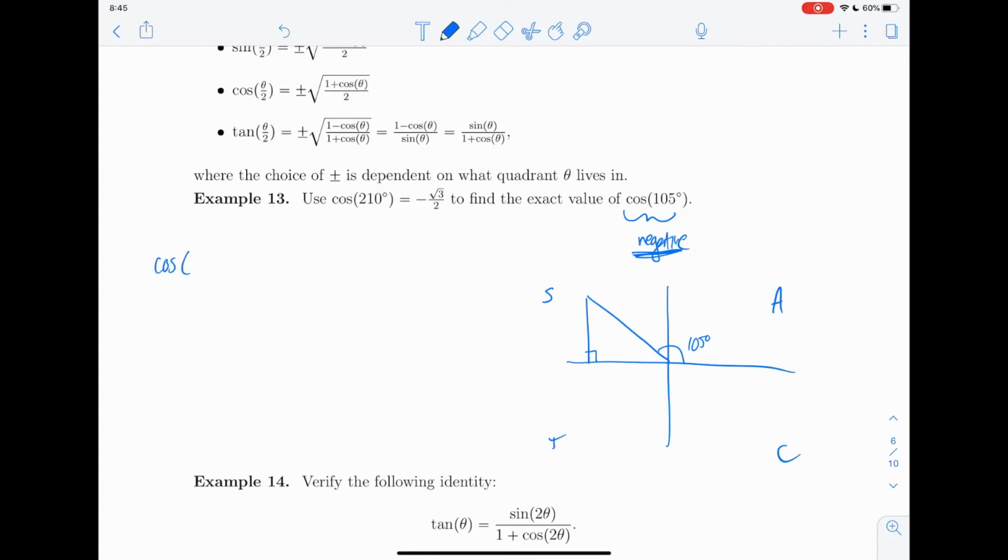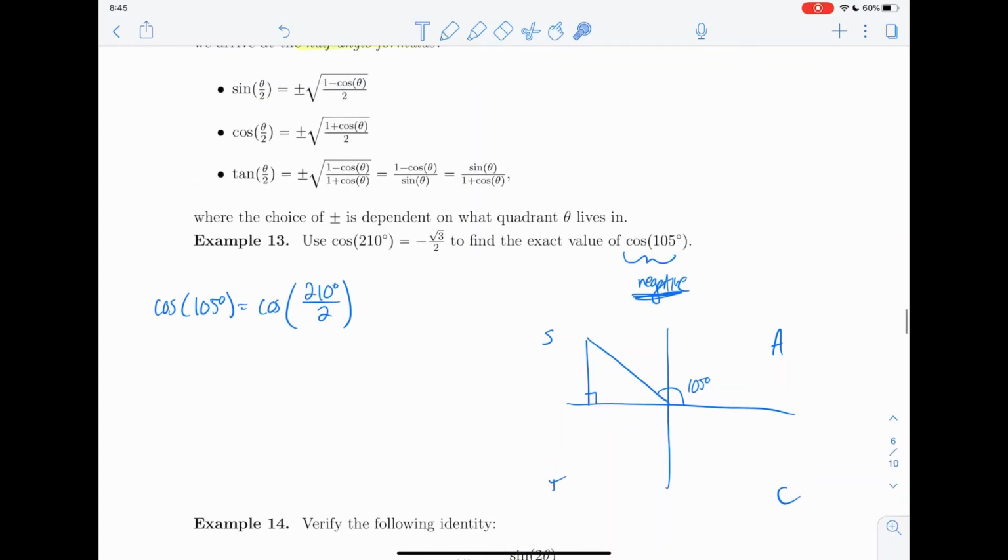Well, the cosine of 105 degrees is equal to the cosine of 210 degrees divided by 2, which the half-angle formula for cosine tells me is equal to the positive or negative square root of 1 plus the cosine of theta, which in this case is 210 degrees, over 2.